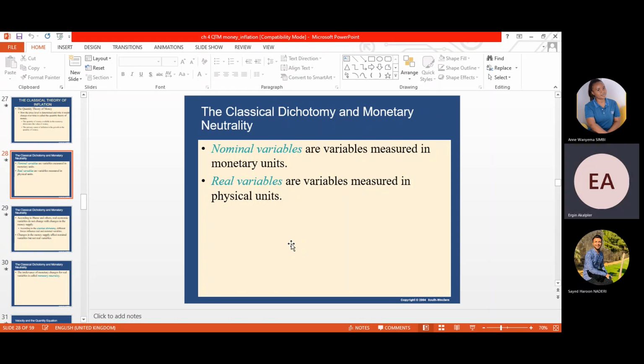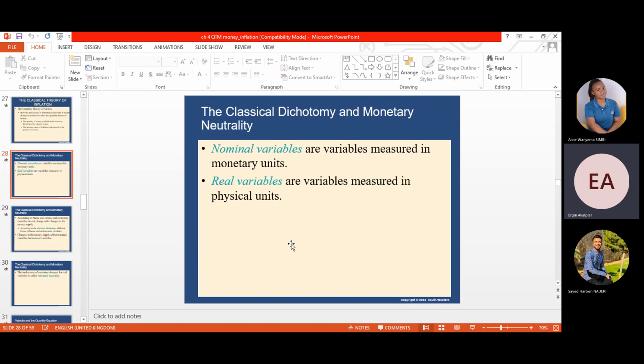Okay. I can give you a very simple example to understand nominal and real variables. Think about, you have 100 Turkish lira, and with this 100 Turkish lira, last year you were able to buy 20 Turkish breads.